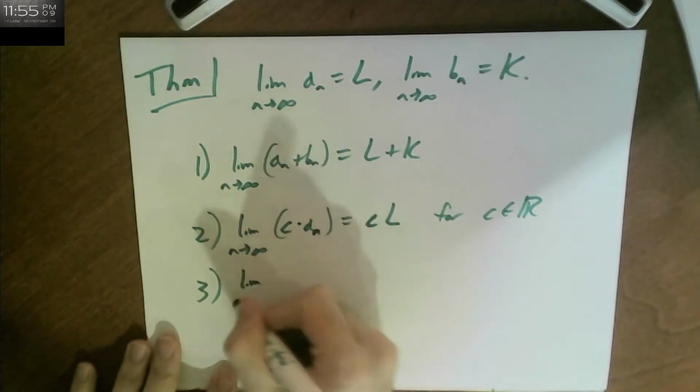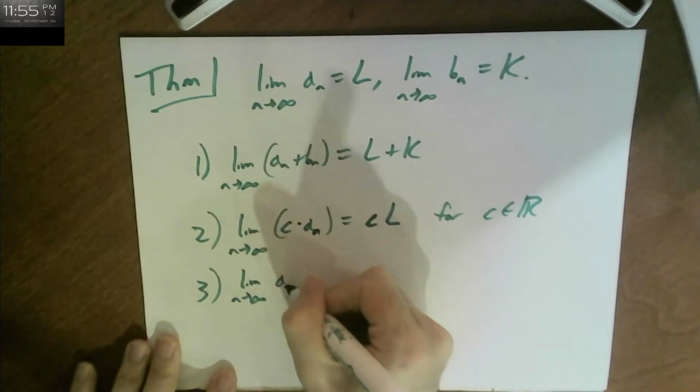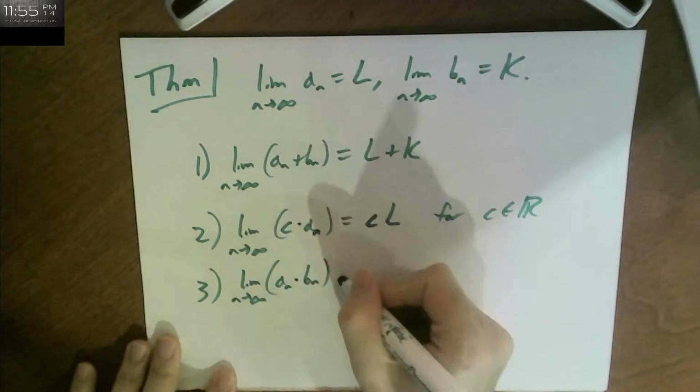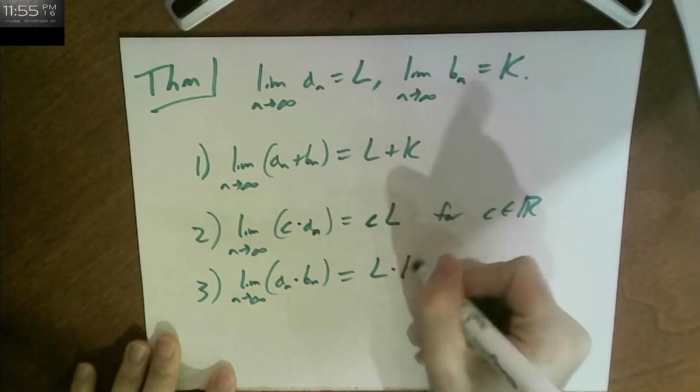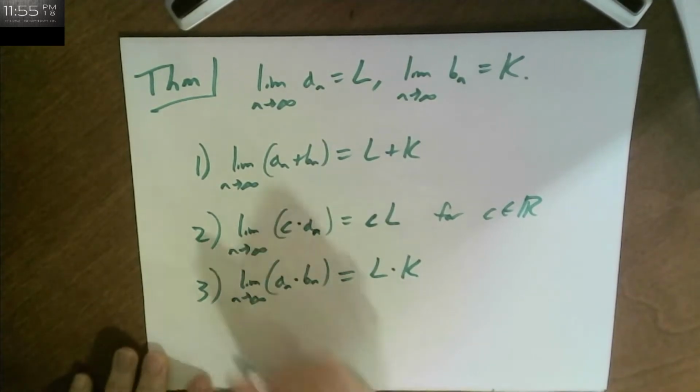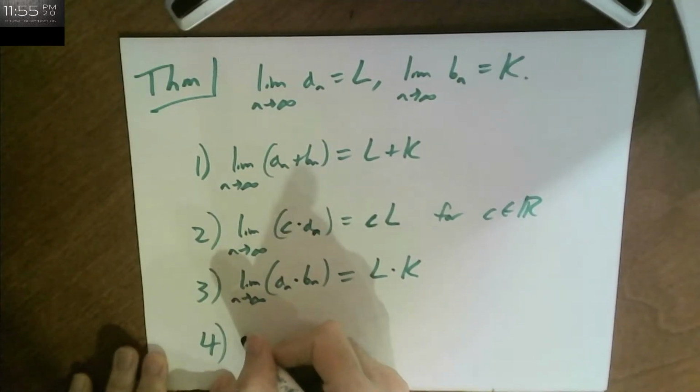3. That the limit as n goes to infinity of an times bn is indeed L times K. And 4.